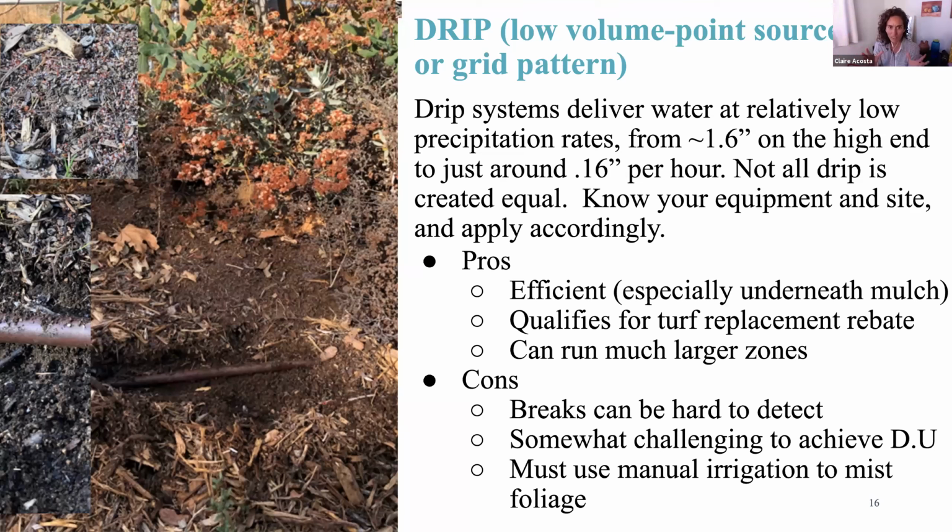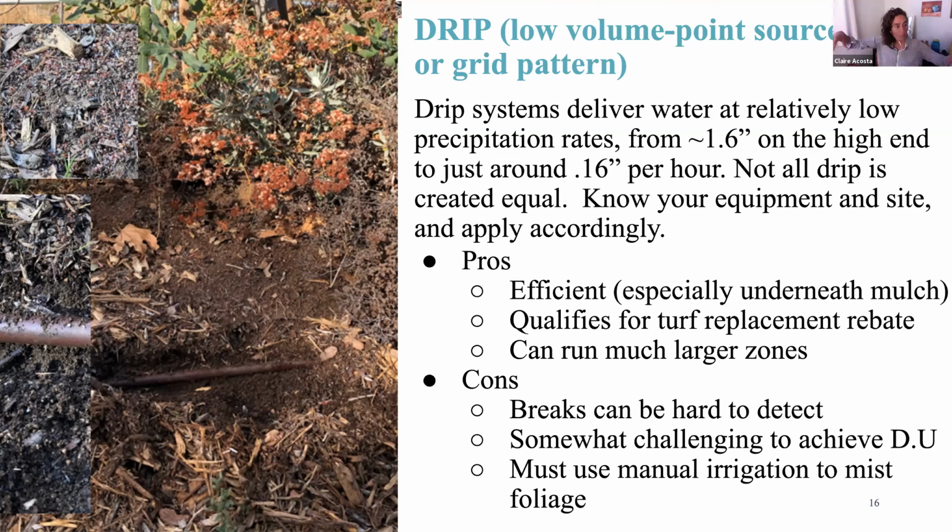So sometimes it's tricky to get that inline system to work appropriately. It can work really well if you have a shaded area with shade loving plants or water loving plants that like that consistent moisture. Then you could have that parallel line style inline drip, and it would make sense.